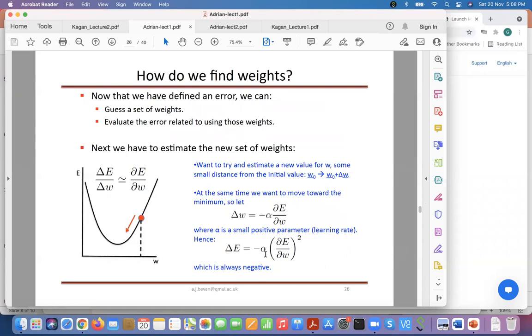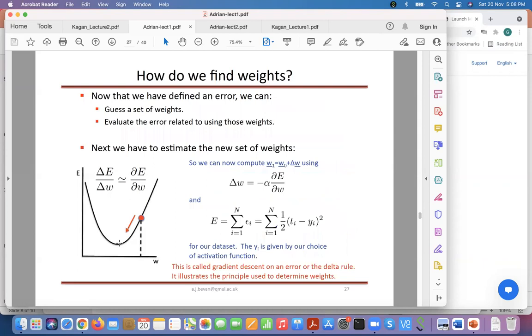If not, you immediately come back to the initial weight and then go further. The whole idea is once you reach here, in whichever direction you go, you'll see the error increase. That is the point where you make a decision: I have reached where I wanted to reach. This is called the gradient descent method.